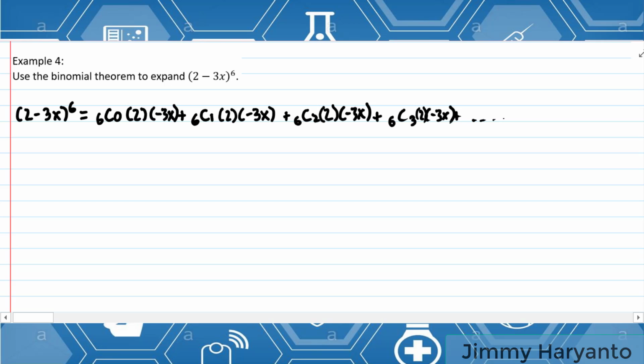There you go. And then the powers, this one will be 0, 1, 2, 3, remember, increasing, and this one is the decreasing one, 6, 5, 4, 3.